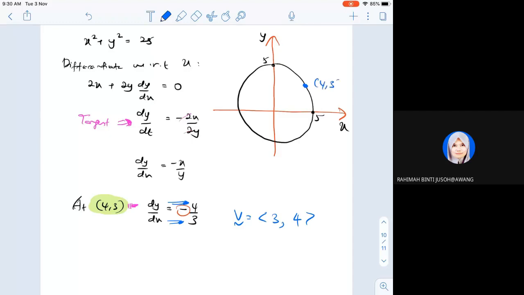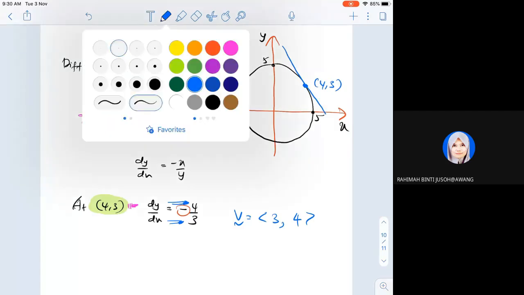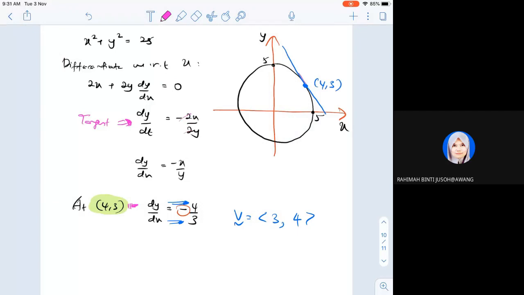Okay guys, before that, the tangent line, saya pakai marker pen biru balik. Tangent line is this. This is the tangent line, right? Now the vector of this tangent line can be either upward or downward.